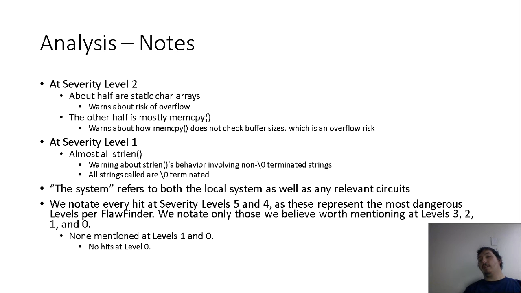Once you get to levels 3 and 2, I try not to include repetitive hits. I don't include all of those again, because I try to cut off repetition and redundancy of saying the same thing over and over.